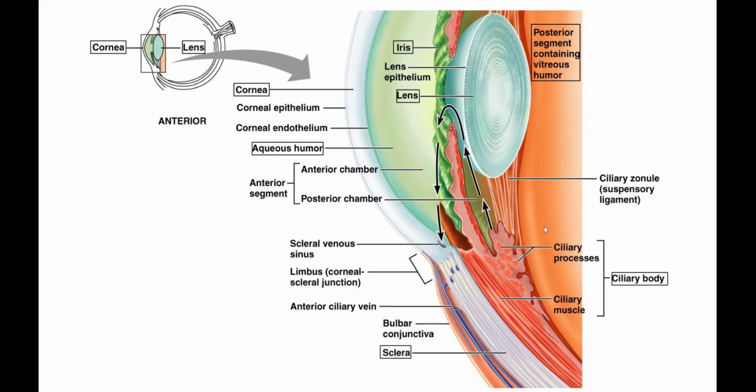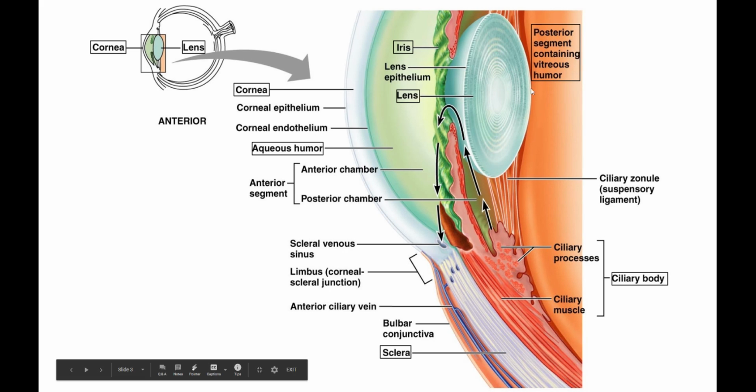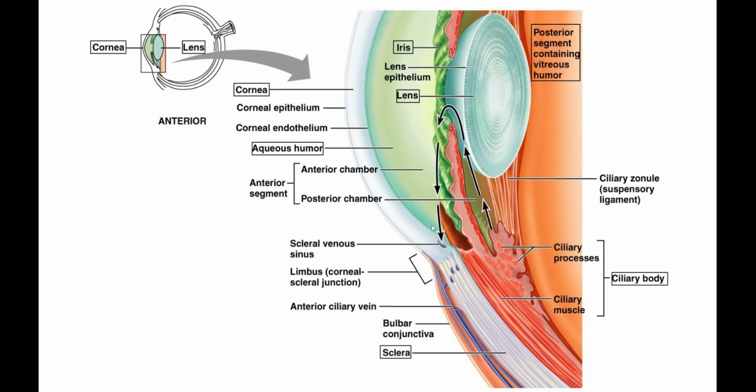So you can see here, this whole bit right here, this is all the anterior segment. And then everything behind the lens would be considered the posterior segment. Then you can see this anterior segment is separated into the anterior chamber, where the aqueous humor is, right up to the cornea, all the way back to the lens and the iris.